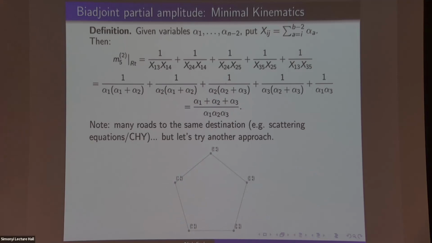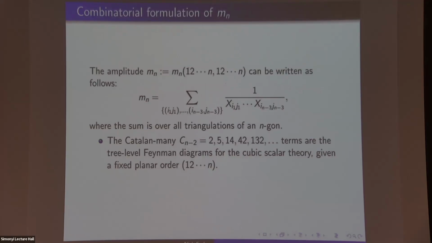So let's try another approach. In general, the amplitude M_n, I'm just taking an abbreviation, is the sum over all triangulations of an n-gon, where you take the inverse of the product of x_ij, where i and j run over the chords of that triangulation. Of course, there are Catalan many of these triangulations, and that gives you the amplitude.